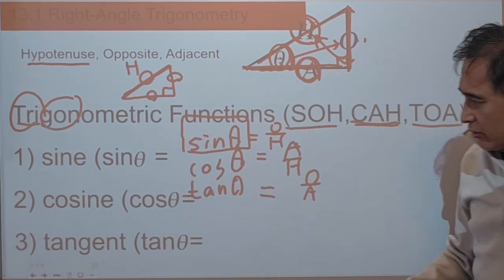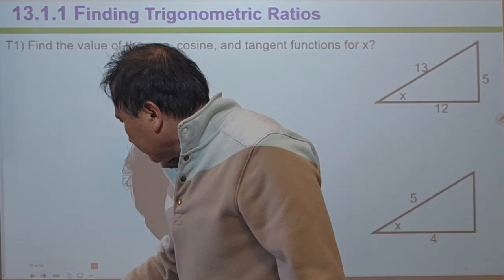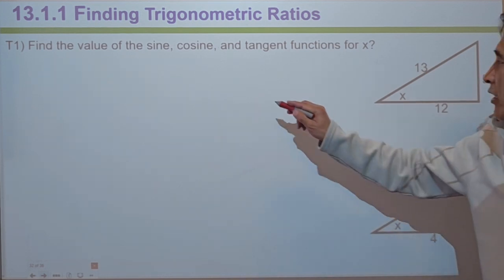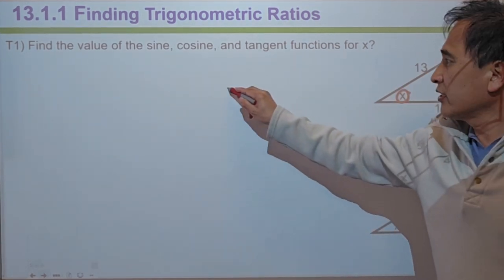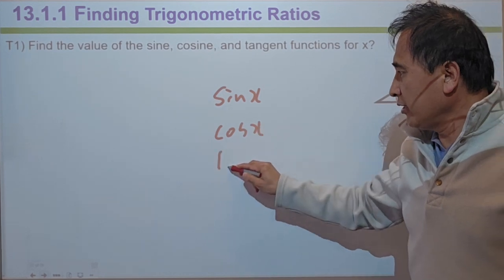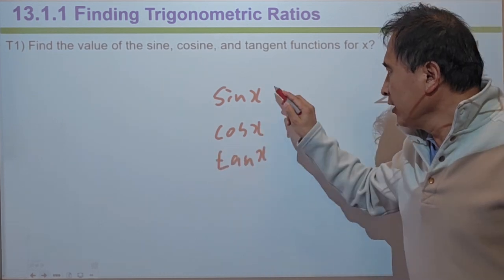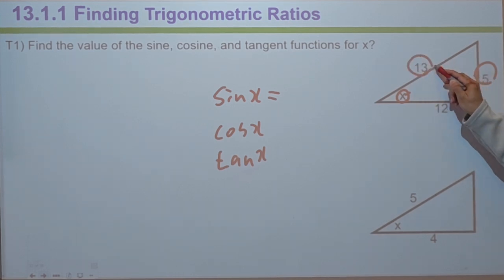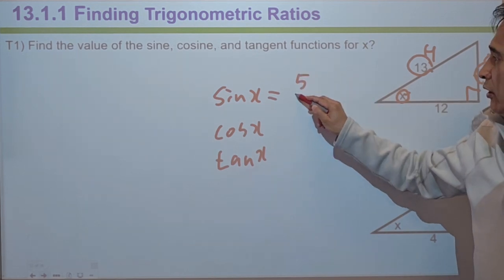So let's practice this a little bit. Now they're asking sine, cosine, tangent. This angle is x, so sine x, cosine x, tangent x. We can find sine x from this angle: opposite side this, and this is the hypotenuse all the time. So opposite over hypotenuse, 5 over 13.